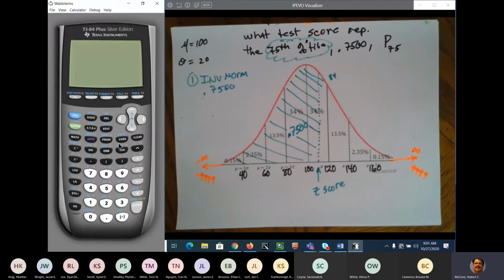Second, bars, inverse norm. Now notice I could change the mean and standard deviation on this calculator, but some of you can't.